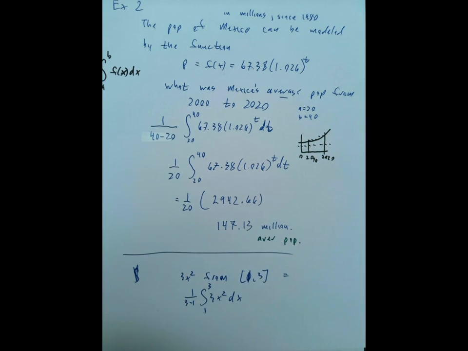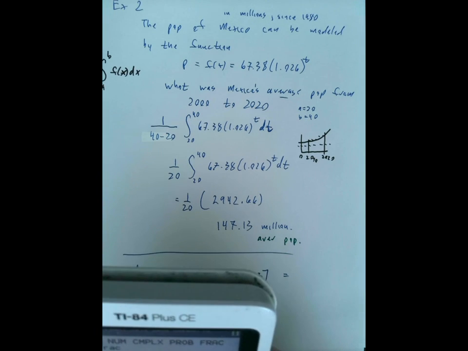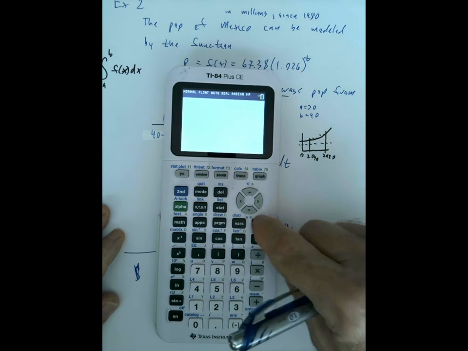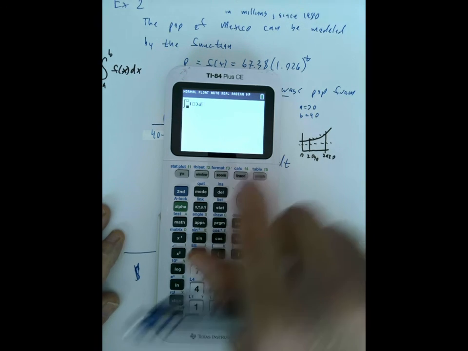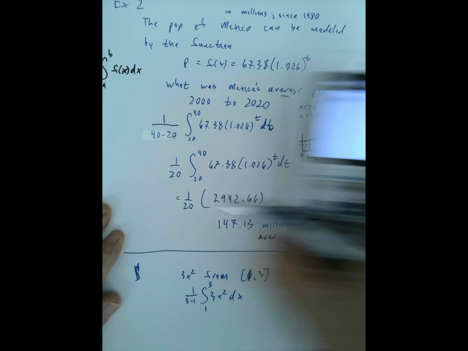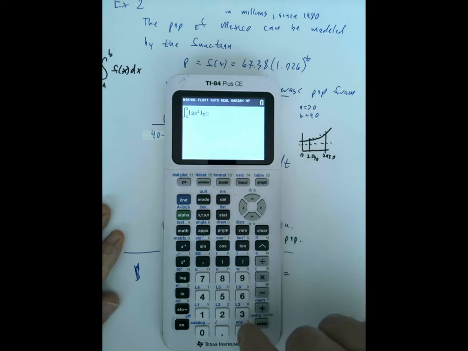Okay? So I whip out my calculator, right? And very quickly I go to math, choice 9, from 1 up to 3, 3x squared dx. Boom, the calculator says that's 26.